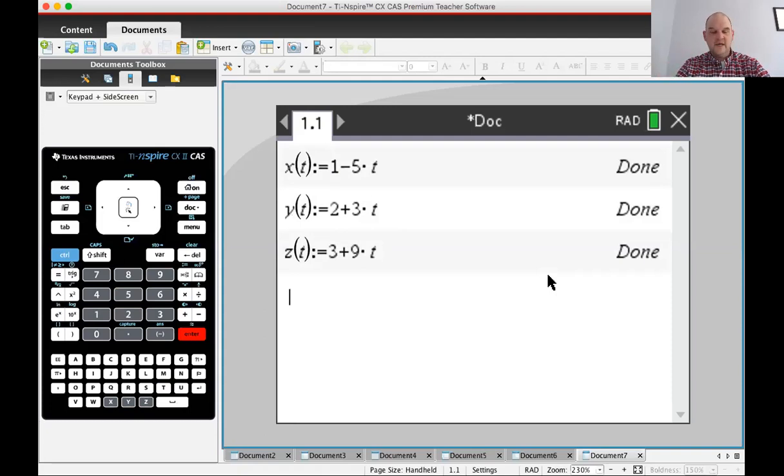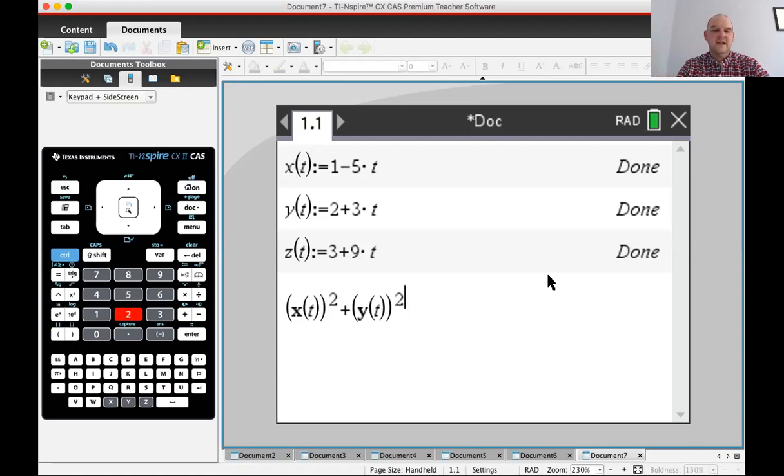All right, I'm going to take these and sub them in. Ready? Quantity x of t squared plus quantity y of t squared. Do I need to put x of t in parentheses? I don't.